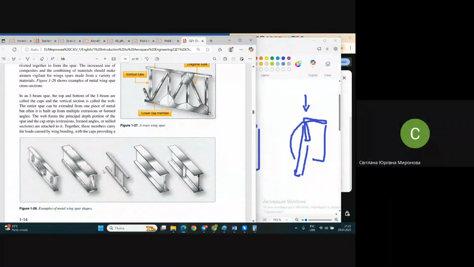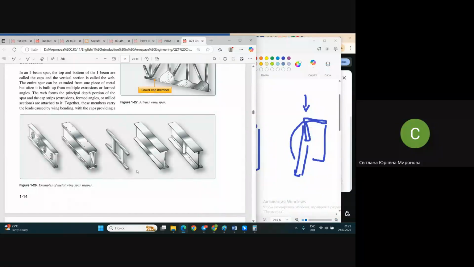And here you see typical cross sections of metal spars which exist by now. Usually they are not made of one piece of metal. In real life they are usually made of different sub elements, different parts, and these sub elements in turn are usually made of so-called standardized work pieces.